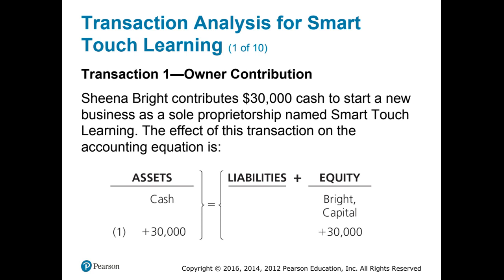Our cash increased by $30,000. Well, whatever happens on the left side has to happen on the right side. So we've added $30,000 over here, and we have to also add $30,000 over here in order to keep our equation balanced.